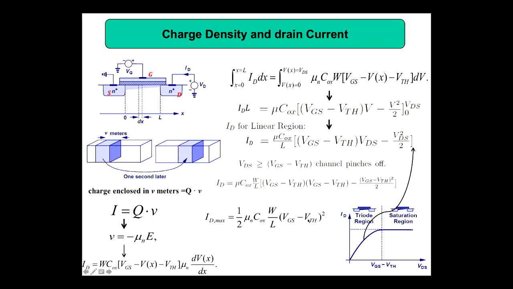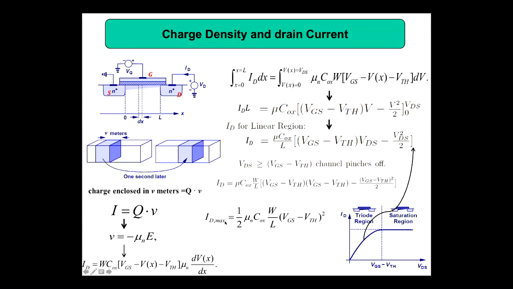If you recall the other equation, IC equals IS exponential VBE by VT, but here the drain current has no exponential term. VGS is there, equivalent to your VBE, but you don't have this VTH for the BJT.